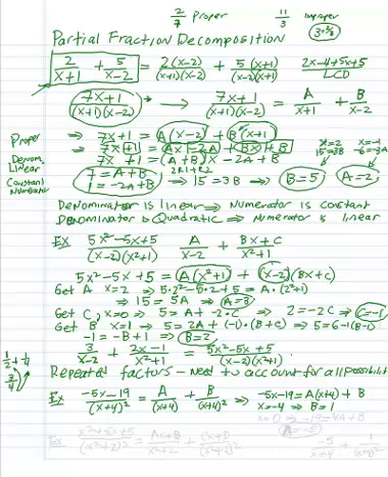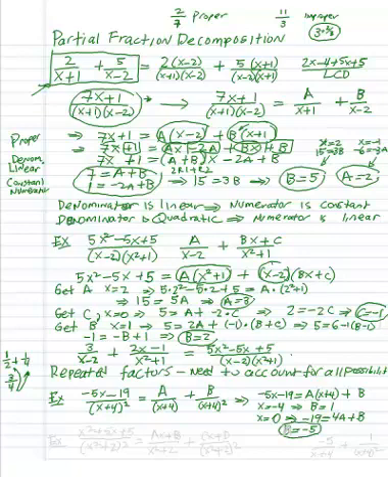And now to get A, just choose any other number besides negative 4. So if I choose x equals 0, plugging in 0, I get negative 19 is going to equal 0 plus 1, 4 is 4, so 4A plus B, and I know what B was. So solving that for A, I subtract 1 from both sides, I get negative 20 is equal to 4A, and dividing both sides by 4, I get A had to be negative 5.